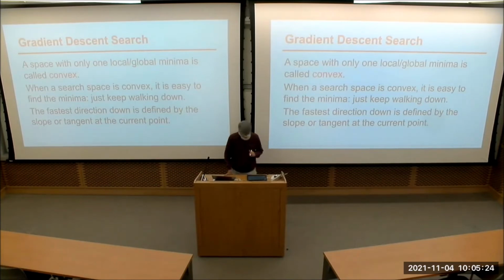So how do we find the lowest point on the surface? Because the space is convex, it only has one minima. The surface here is kind of like a bowl, and finding the lowest point is, in principle, easy. You just have to keep going down.